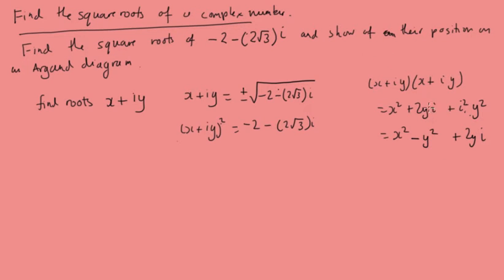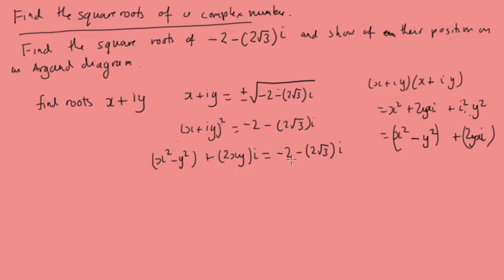Was meant to be an x in there too. So what we've got here is a real part and an imaginary part: x squared minus y squared plus 2xyi must equal -2 minus 2 root 3 i.